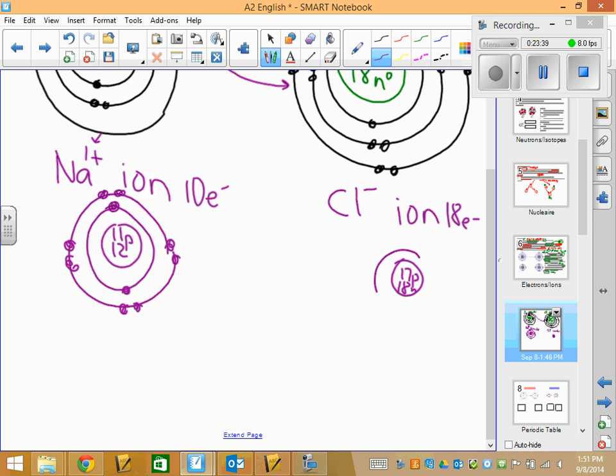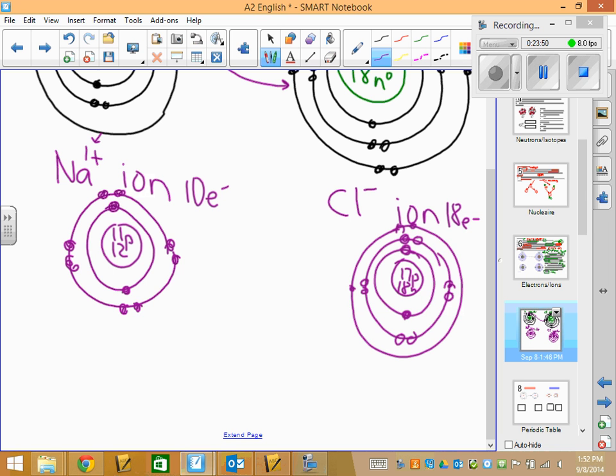If I were to draw it, 2 electrons on the first level, 8 electrons on the second, and 8 electrons on the third. So an ion has a charge when you write it, an atom does not.